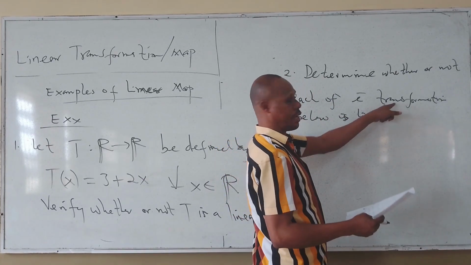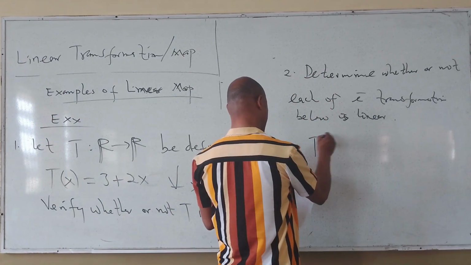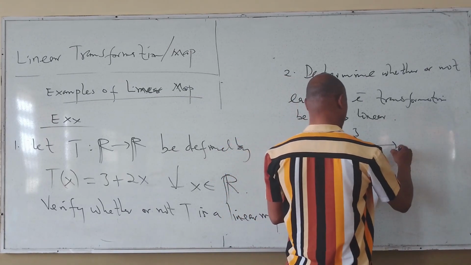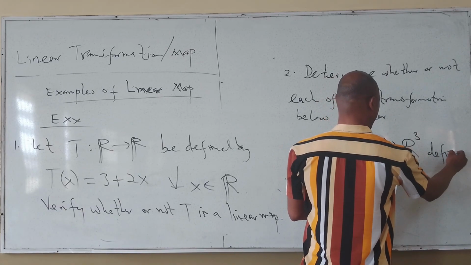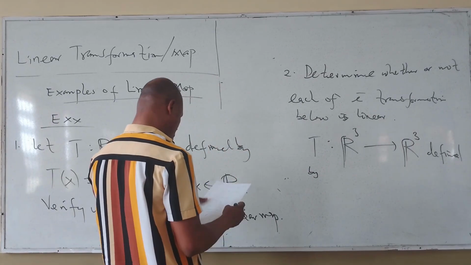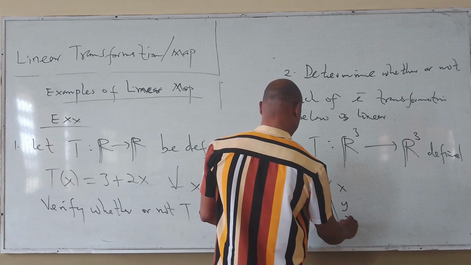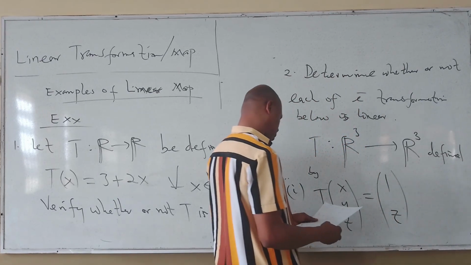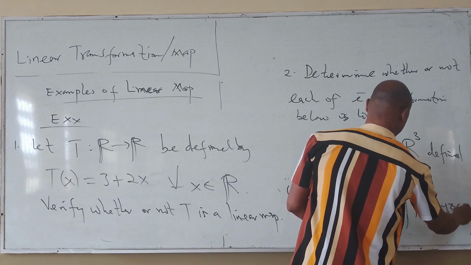That means I want you to just find whether it is a linear transformation. T defined as this, from R cube to R cube, defined by, so the first one, T of x, y, z equals 1, z, of course, for every x, y, z a member of R.